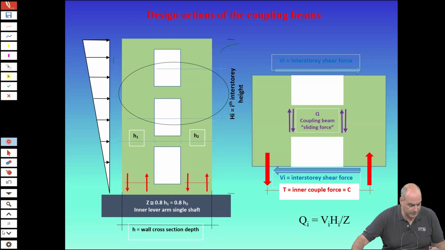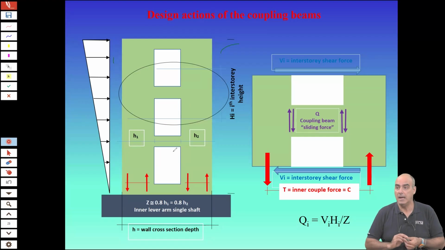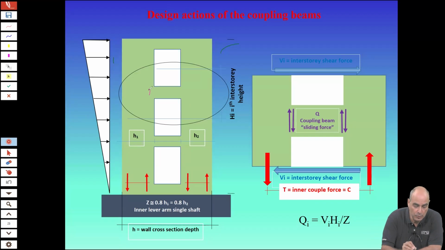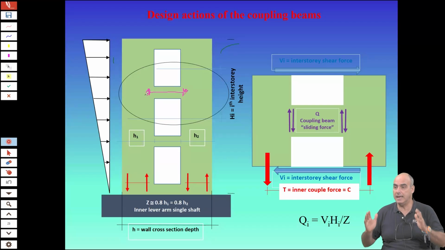Because if you have a coupling beam which frames into two walls of equal stiffness, you can consider that the coupling beam behaves like this, like a beam clamped at both edges.